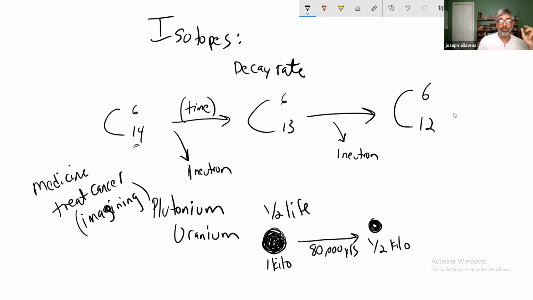And as it gives off its neutrons, it allows you to visualize the gastrointestinal tract in that case. So isotopes can be used in medicine. They're certainly used to generate electricity or to generate power in nuclear power plants. And then we use them in archaeology or anthropology to date things and figure out how old they are.